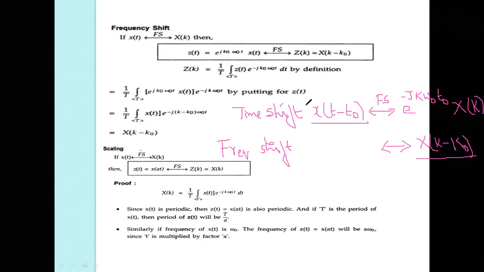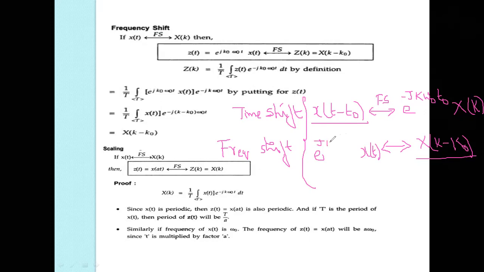So now, in this case, x of k is multiplied with a negative exponential. In this case, the x of t, the time signal, is multiplied with the positive exponential e power j. How many samples is it shifted?